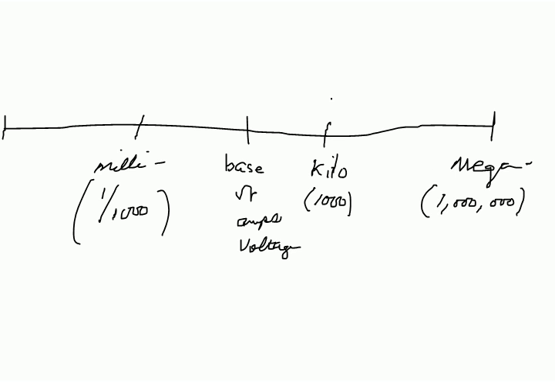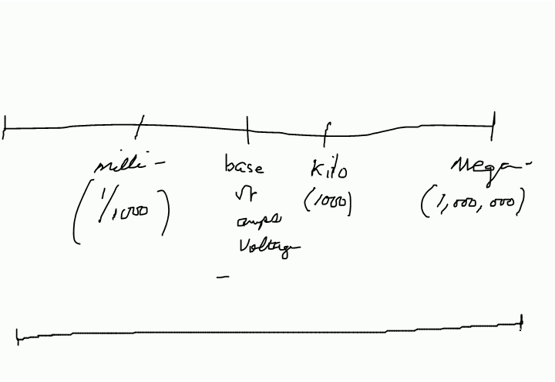Okay, so if you kind of keep this in mind, it's very similar to converting units of measurements, really. These are probably some that you're familiar with: an inch, a foot, and a yard.